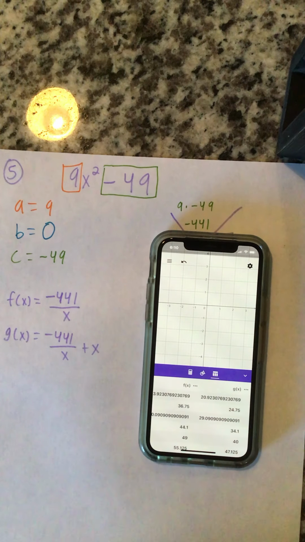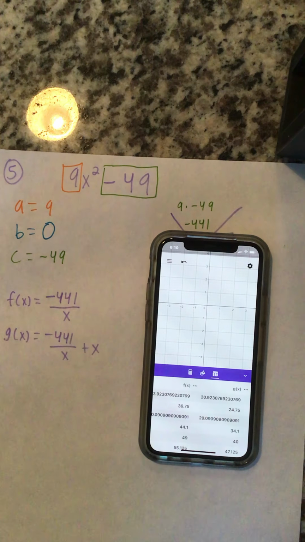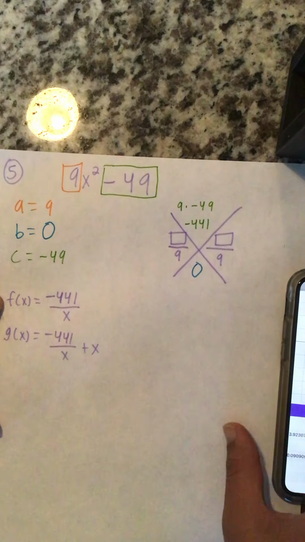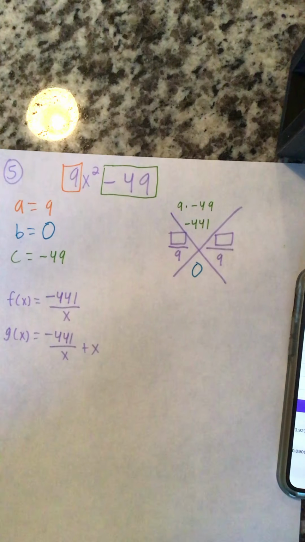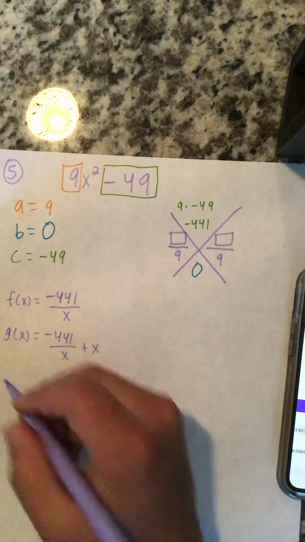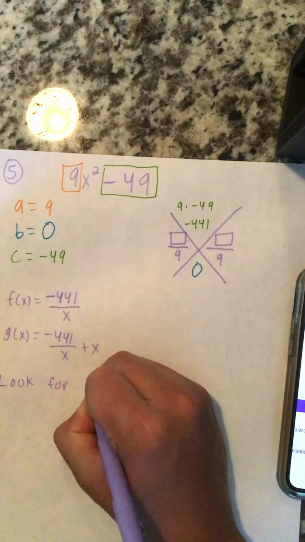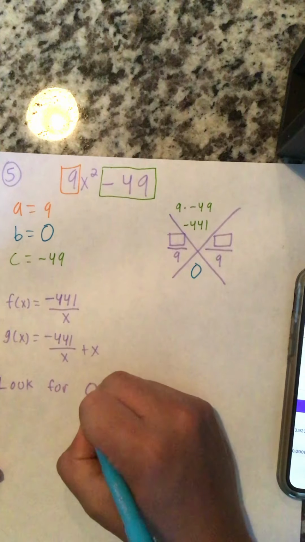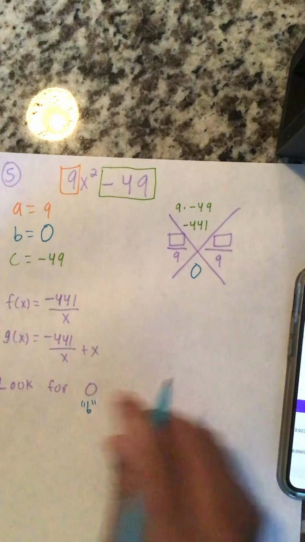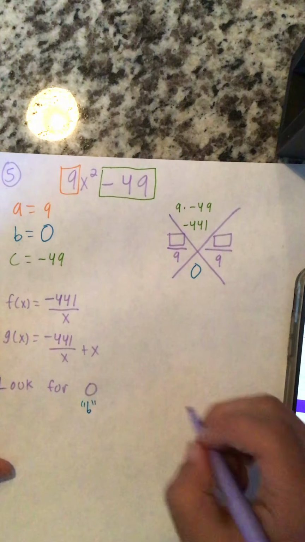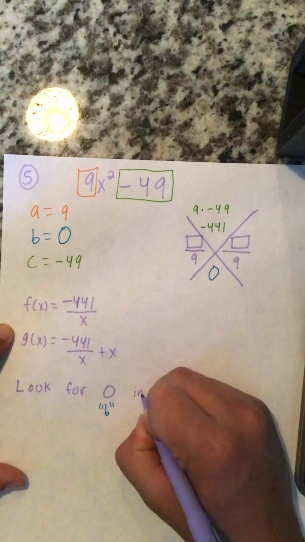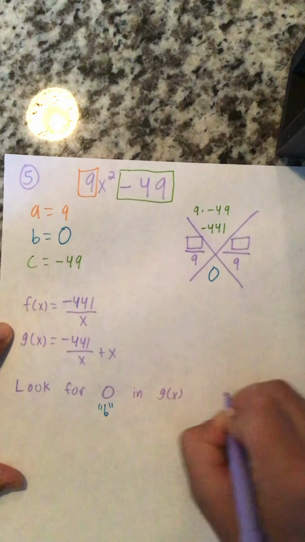Okay, so now what am I looking for? Remember, in the calculator, I look for 0. I'm looking for 0 because that's my b value. So I'm looking for 0 in the g of x column.